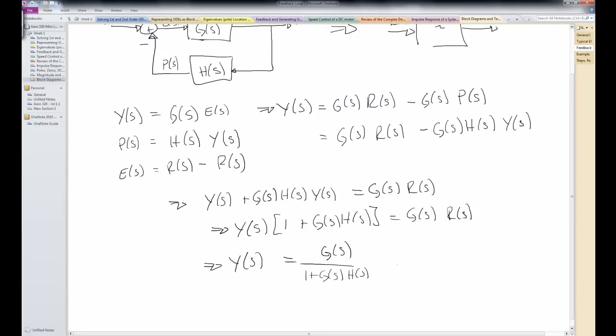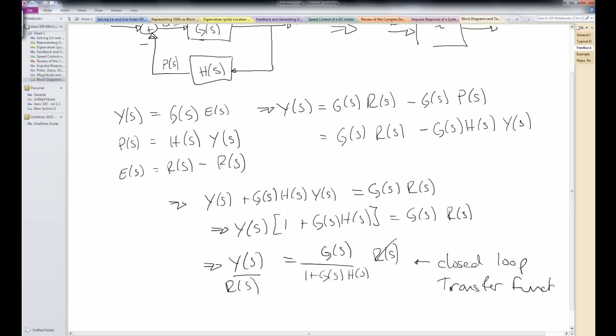times H of S, times R of S. And I could divide through by R of S, and this is referred to as the closed loop transfer function.